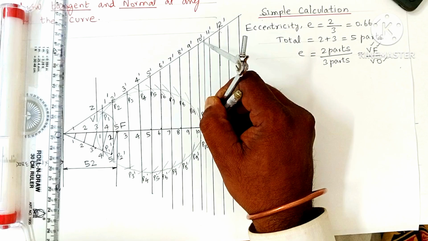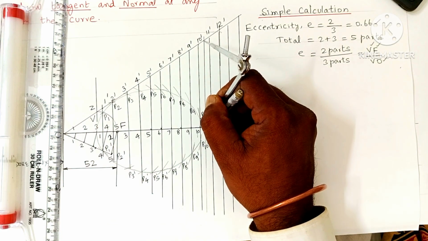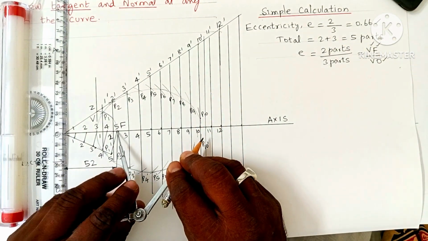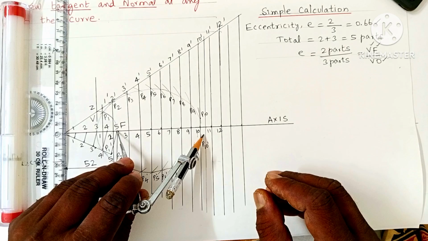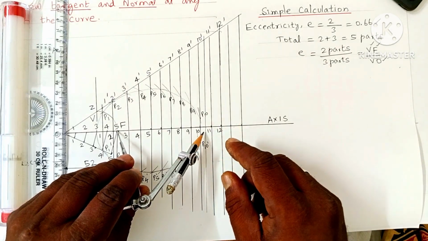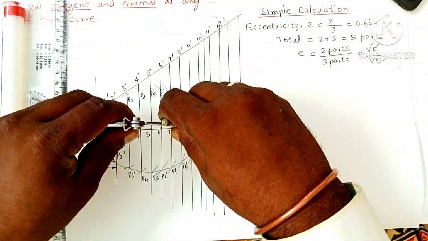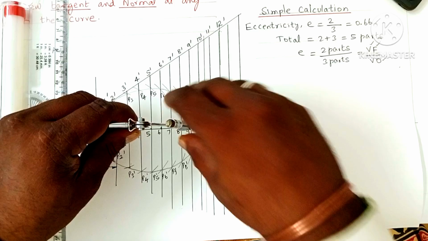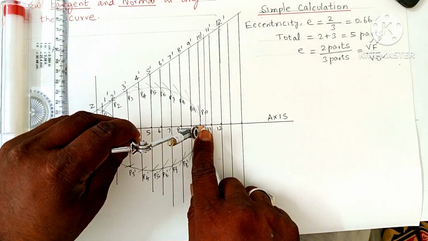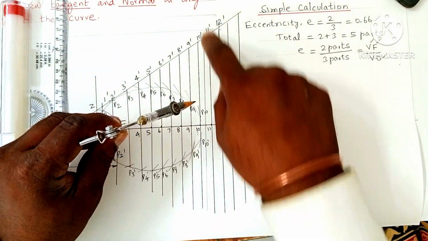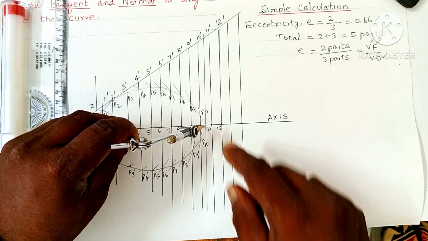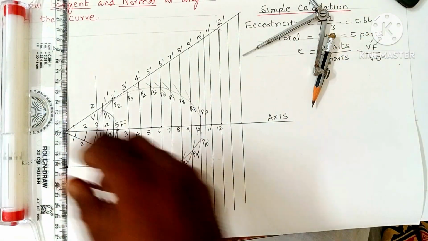I have drawn one vertical line, and that vertical distance is taken in the compass. Keeping F as center, cut an arc on this 11, that is, on that vertical line. It is not coinciding with the point of intersection of the axis and the vertical line. It doesn't coincide, so you have to reduce the gap.